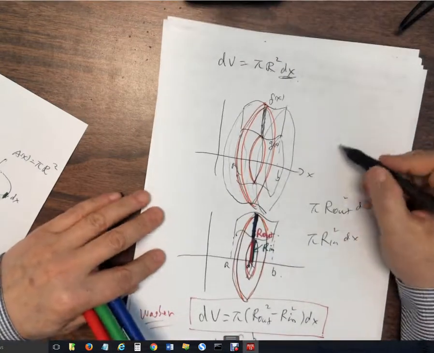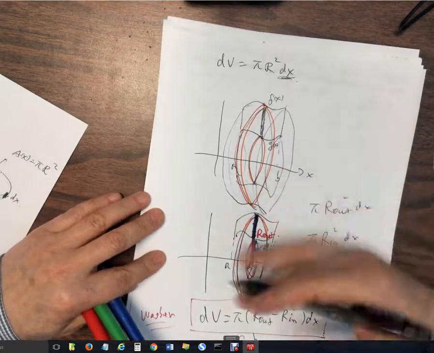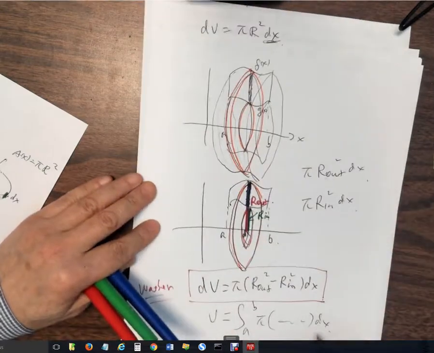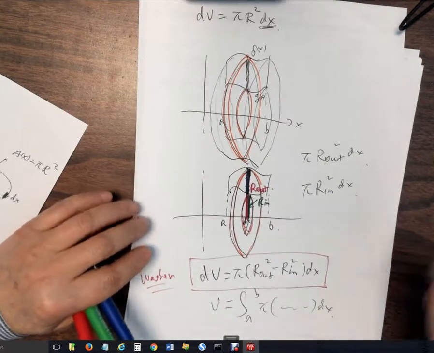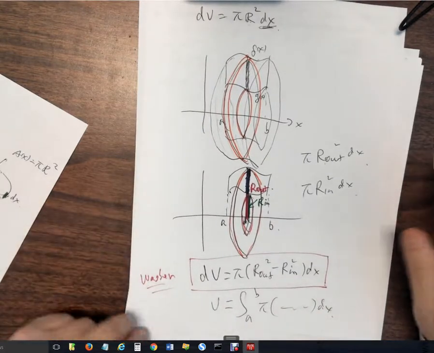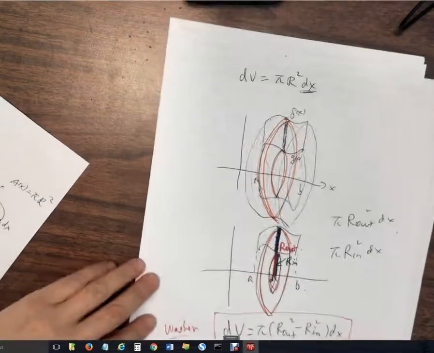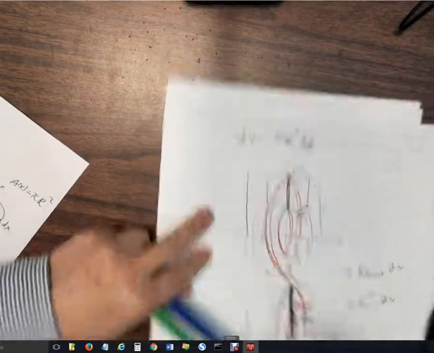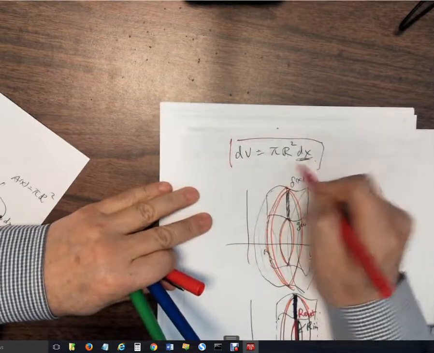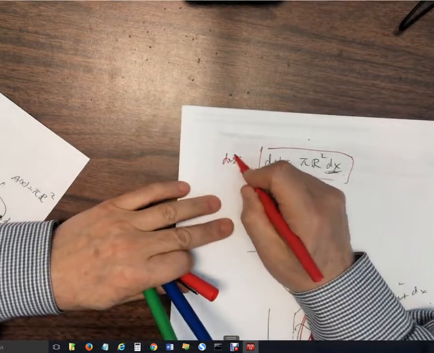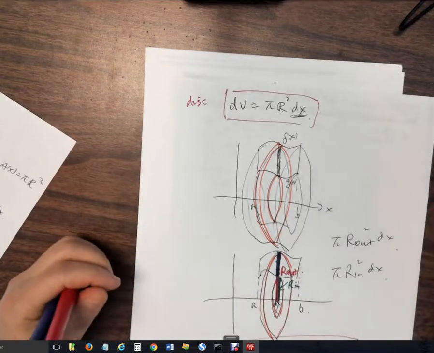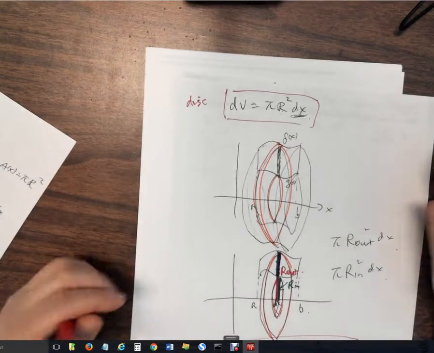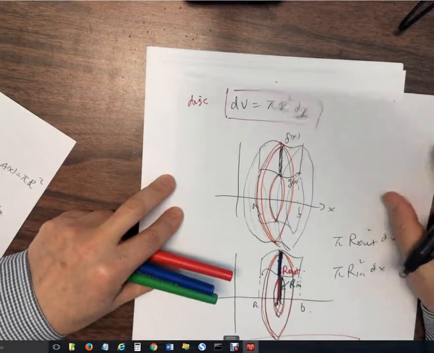If instead a horizontal strip is picked up to generate a washer, then you know it's going to be dy here. All right. So this is how we come up with our washer formula and disk formula based on the method of cross-section, which is based on the Riemann sum idea.